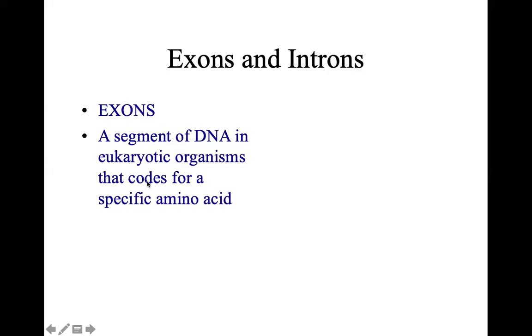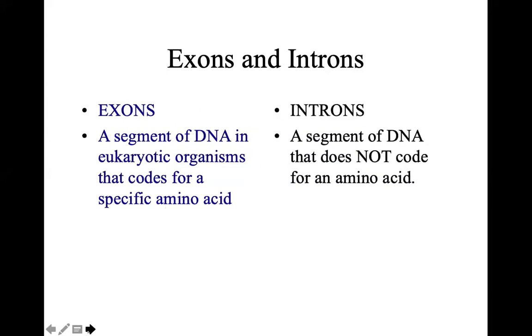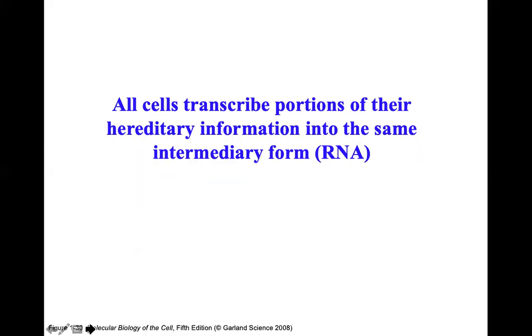Exons are involved in carrying the message of recruiting specific amino acids, but an intron is a segment of DNA that does not code for an amino acid. That means in a DNA, not all the segments carry the gene. Not all the segments are involved in carrying the message of amino acid synthesis. So this is the structure.